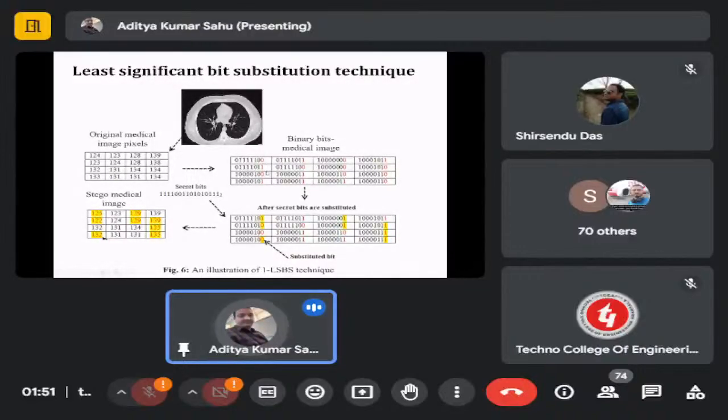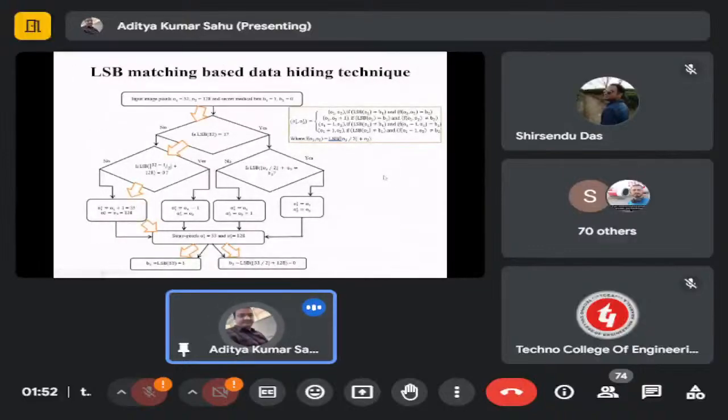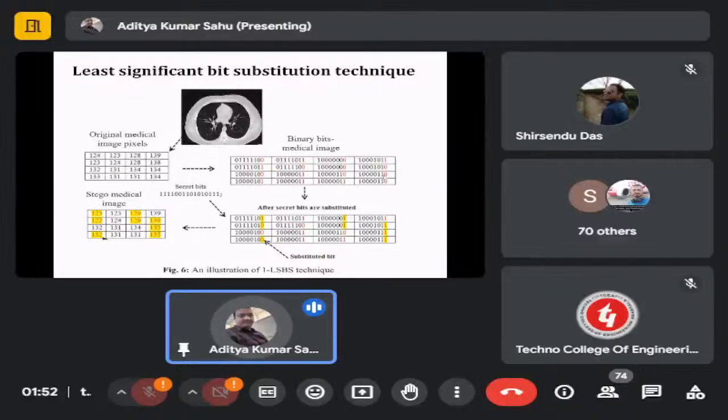The last bits are colored in red, which means these are the least significant bits, or LSB bits. And this technique name is the least significant bit substitution technique. In this, we are going to replace the least significant bits with the secret bits.